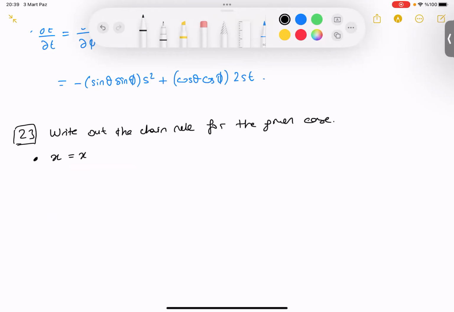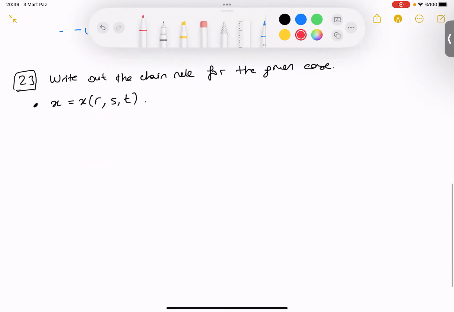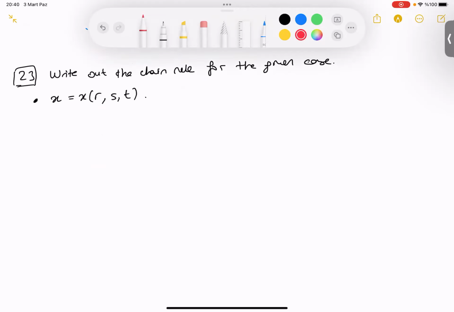Okay, the function x is dependent on r, s, and t. Okay, so how can we write the chain rule for this function? So you see, it depends on r, s, and t, right? Okay, it depends on r, s, and t.